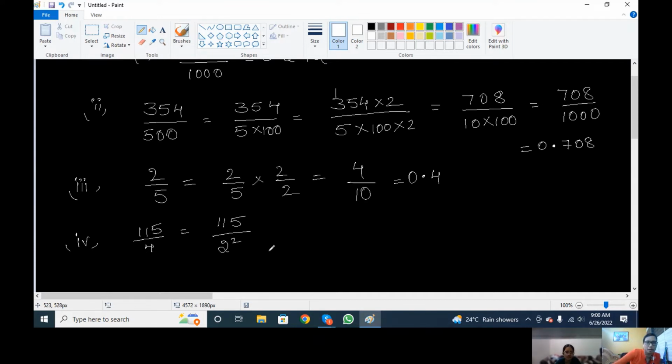So to get a number of zeros in the denominator, I need to multiply with 5 square. When only 2 is there, I need to multiply with 5, because 2 5s are 10. If we have a 5 in the denominator, we multiply with 2. If we have a 2 in the denominator, we need to multiply with 5. Just opposite.